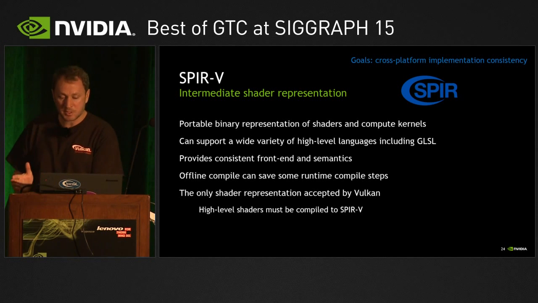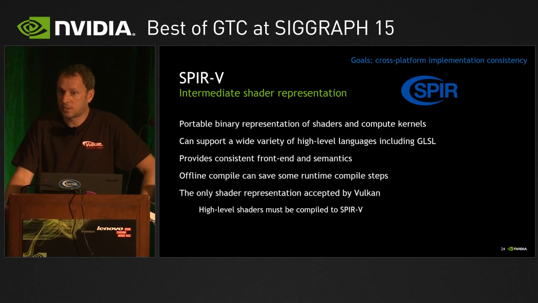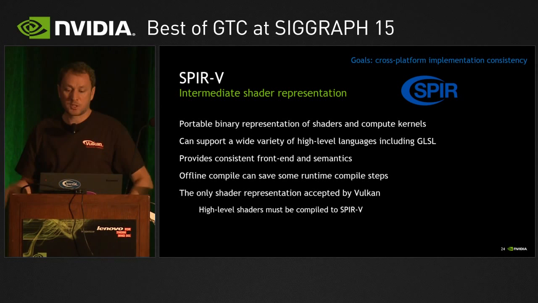But the advantage of having SPIR-V as the only way to get shaders into Vulkan is that the implementations don't need to implement a front end. And one of the biggest complaints about OpenGL is the inconsistency of GLSL compiling between implementations. And so SPIR-V is designed such that you can have a consistent front end across all platforms, generating the SPIR-V.